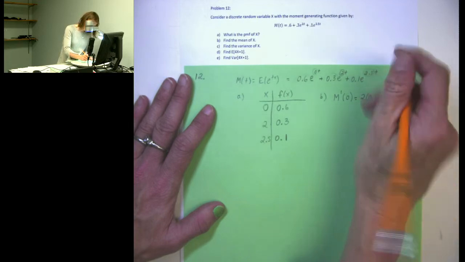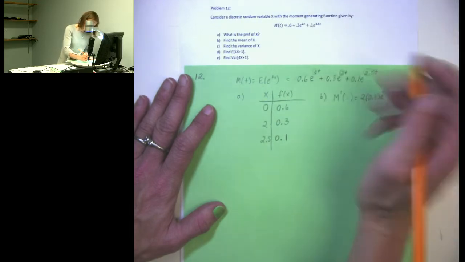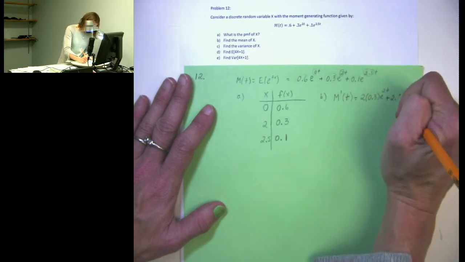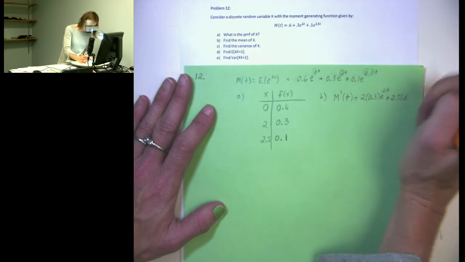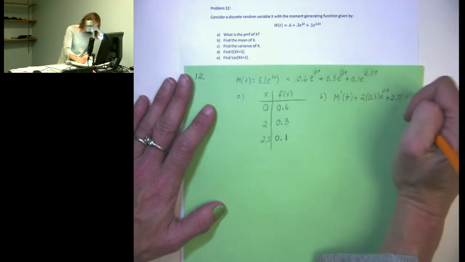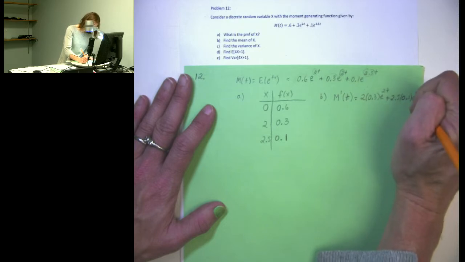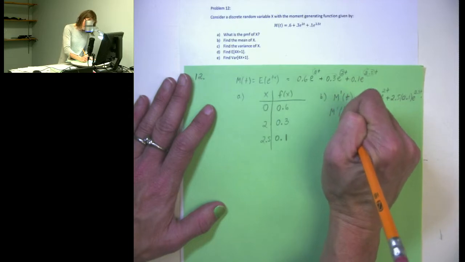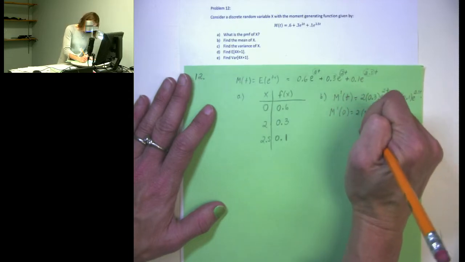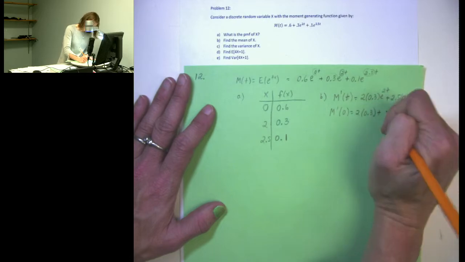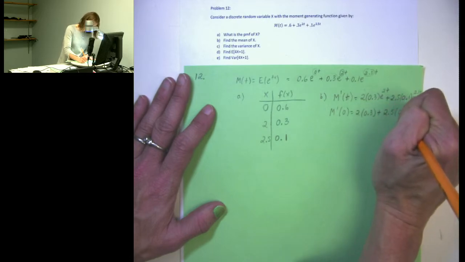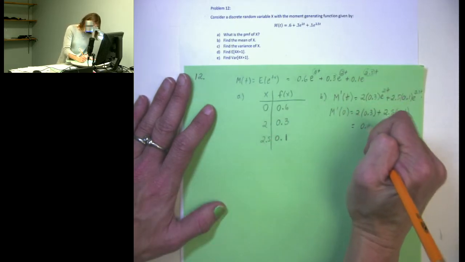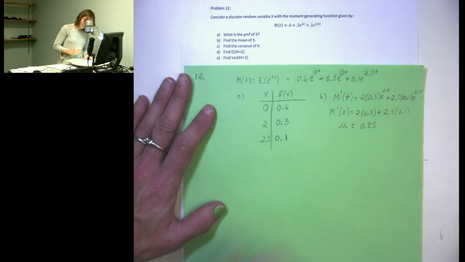We'll do m prime of t first, then evaluate it at 0. Plus 2.5 times 0.1 times e to the 2.5t. When I evaluate this at 0, I get 2 times 0.3 plus 2.5 times 0.1, which gives me 0.85, and that is my mean.